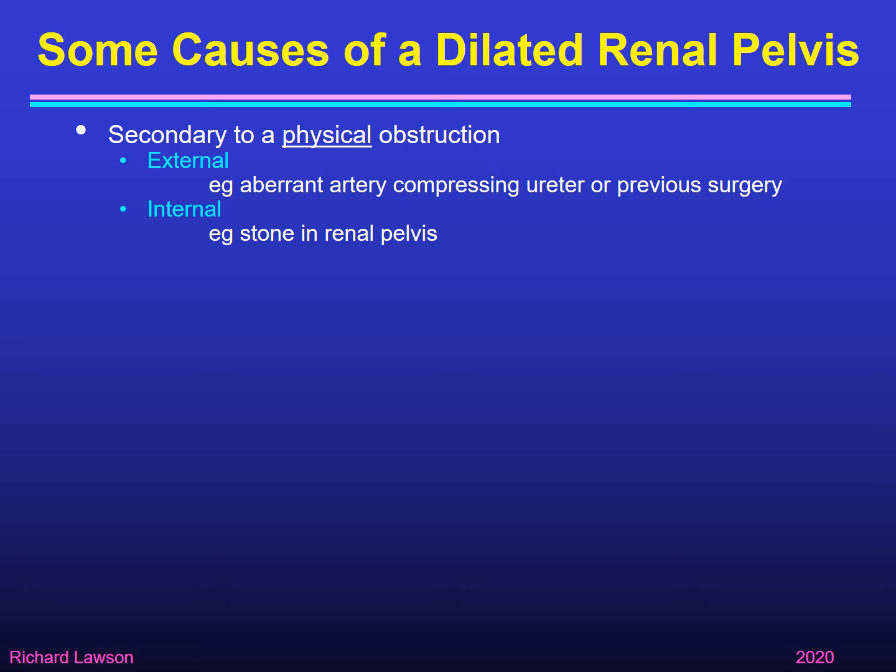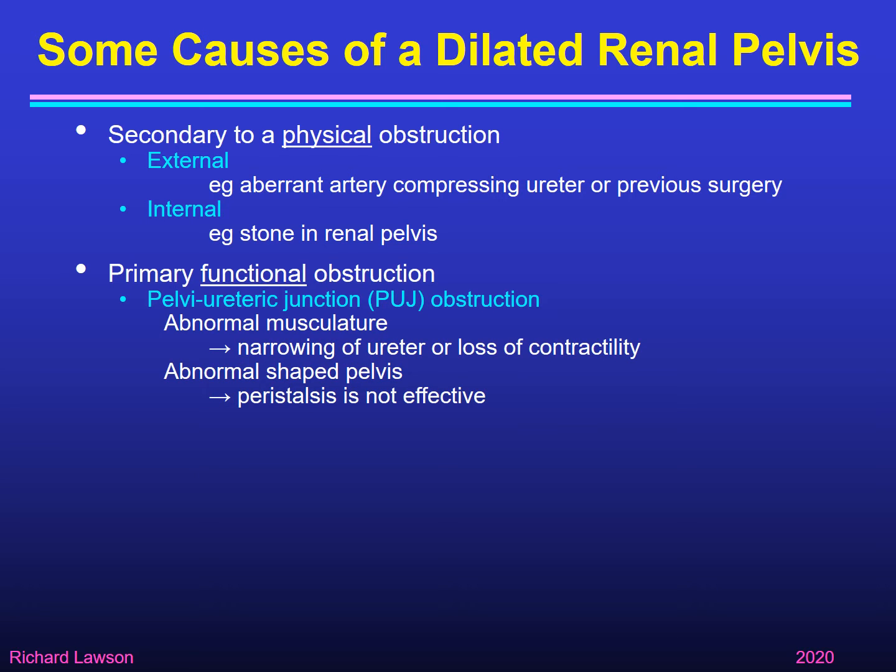We're generally interested in a functional obstruction, which is what I would call a primary PUJ obstruction. This can occur if we've got abnormal musculature in the renal pelvis. For example, if the muscles are thickened, they may make the narrowing of the ureter at the PUJ, or maybe they've lost their contractility, so they're no longer letting peristalsis conduct the urine through the PUJ.